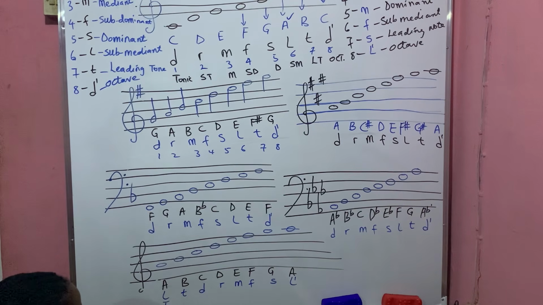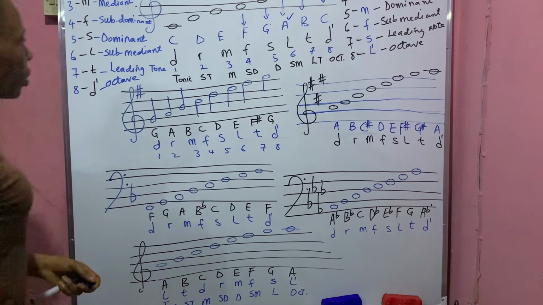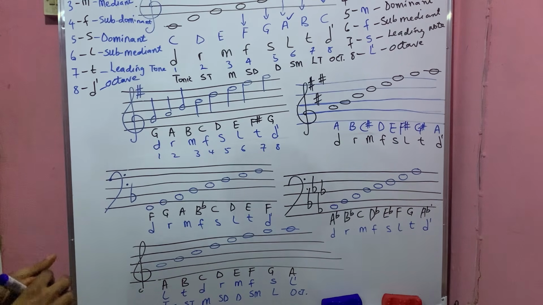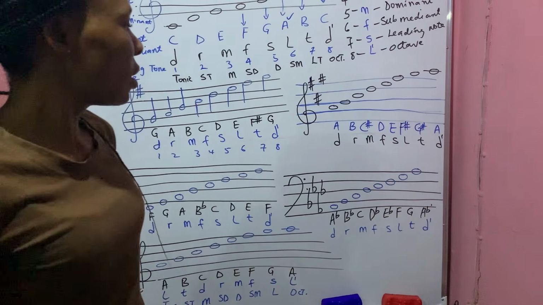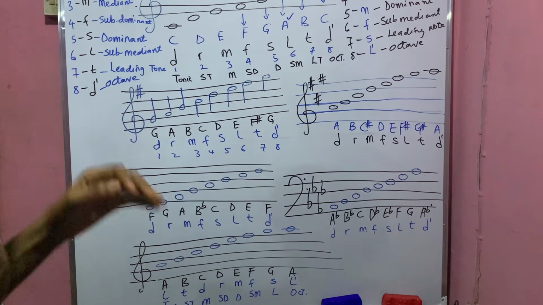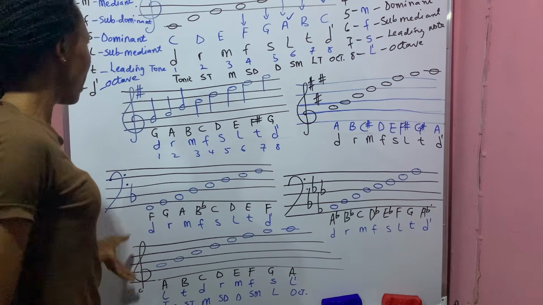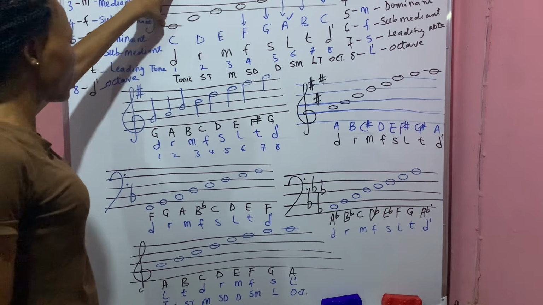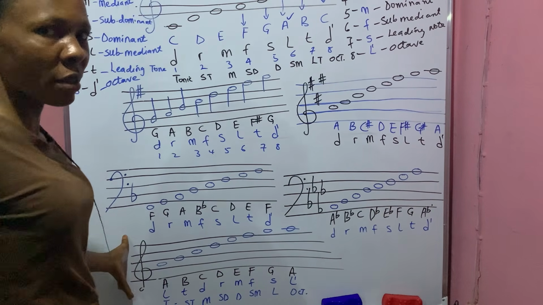So this one will be the tonic, supertonic, mediant, subdominant, dominant, submediant, leading note, and octave. Then we also have the Roman numerals that we normally use, but that's a story for another day. Now we've explained the relative minor of C major, that it is A minor.